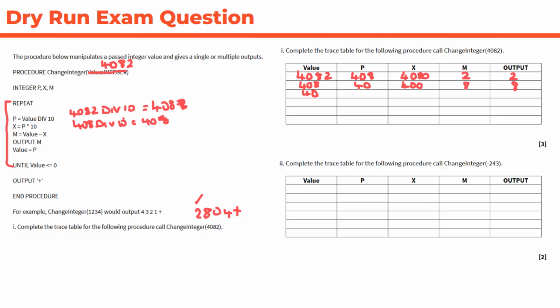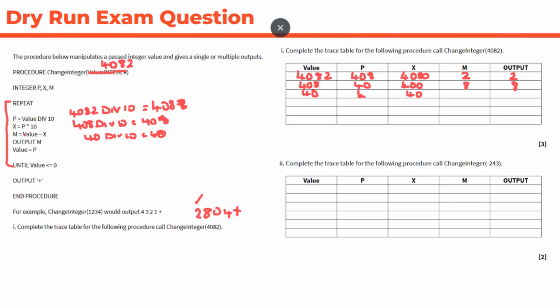P equals value, so 40 div 10, that's 4.0, scratch the 0.0, P is now 4. P multiplied by 10, that goes to 40.